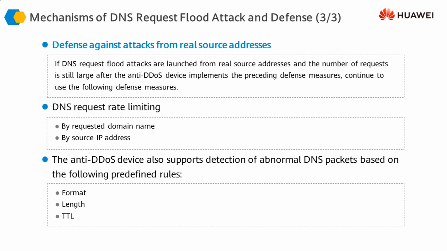The firewall can also check the format, length, and TTL values of the DNS packets and see if the DNS packet format is valid, if the length of the DNS packet is not too large, and if the TTL value is not beyond a certain threshold which we can configure. If any of these conditions is violated, then the firewall is going to discard the traffic. So these are the different defense mechanisms that we can put in against the DNS attacks, either on the cache server or on the authoritative server.